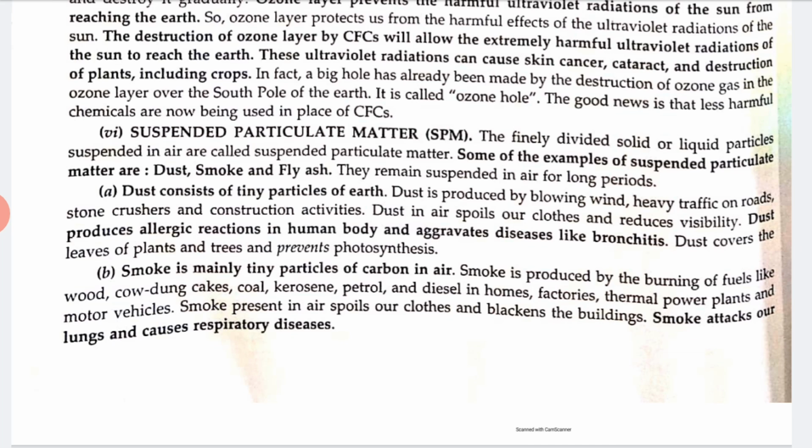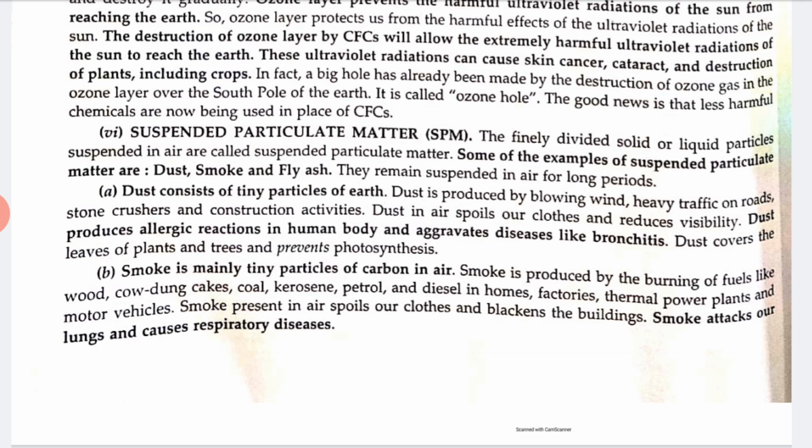Let's talk about dust. Dust consists of tiny particles of the earth. Dust produces allergic reactions in the human body and aggravates diseases like bronchitis. Dust also covers the leaves of plants and trees and prevents photosynthesis.